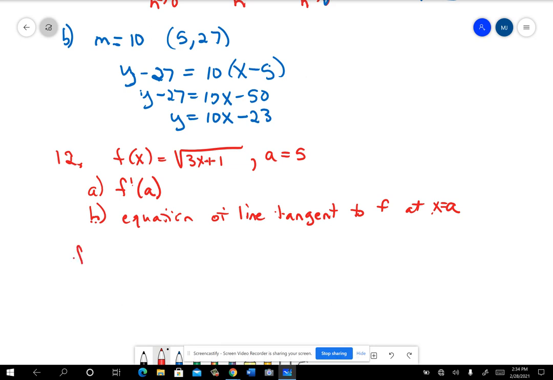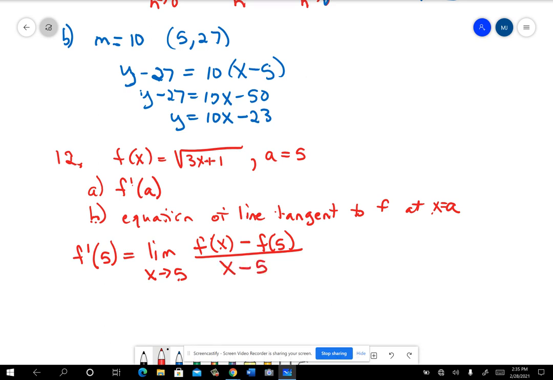If you wanted to do f prime of 5, well, that would equal the limit as x approaches 5 of f of x minus f of 5 over x minus 5, okay?